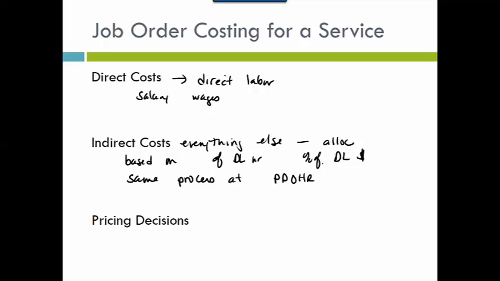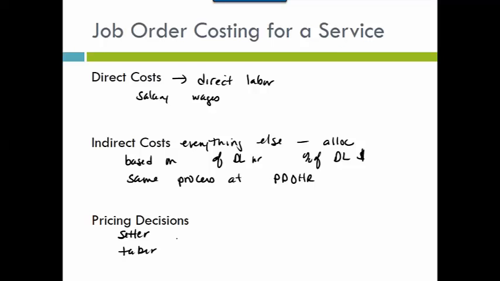They put a little section on pricing decisions in here. This is not exclusive to service businesses, so I'm not sure right here where it is. But basically, you're either a price setter or a price taker, depending on your level of competition.